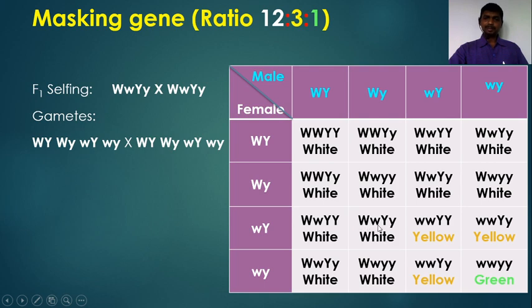Here also it masks the phenotypic expression of the non-allelic gene capital Y, so the phenotype is white. So this is dominant epistasis. When this epistatic gene is dominant, it masks or suppresses the phenotypic expression of another non-allelic dominant gene Y.